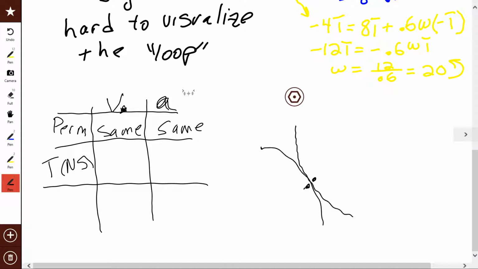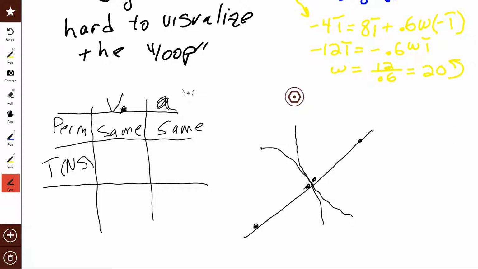Each of these bodies will have a center of curvature. So let's say there's a center of curvature, there's a center of curvature. If you draw a line through the centers of curvature, it will always pass through the point of contact. Even if one guy is flat, it'll always do that, okay?